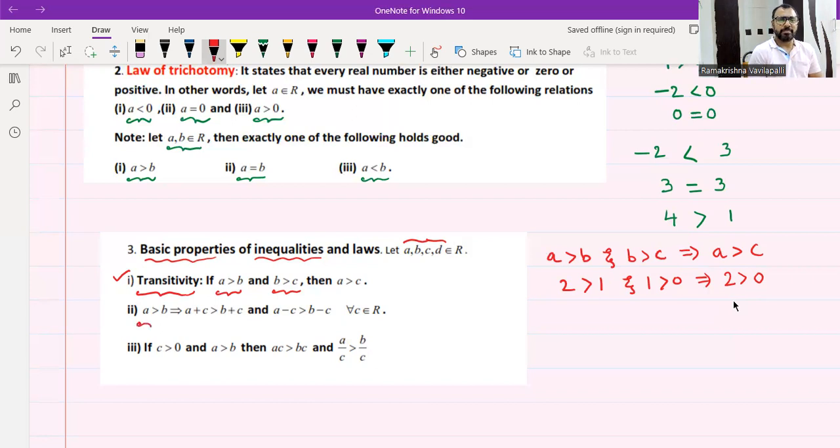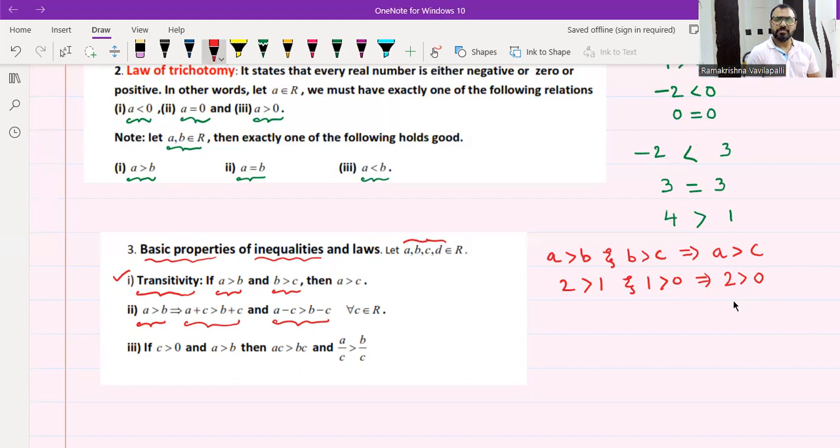Suppose A greater than B. You can add any quantity or subtract any quantity to this inequality. So here a quantity C is added to both sides, or at the same time, a quantity C is subtracted from both quantities.